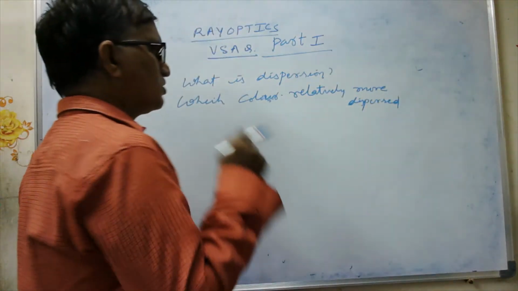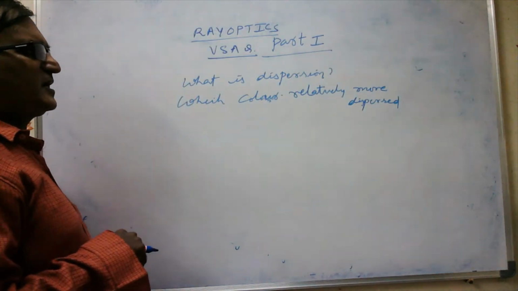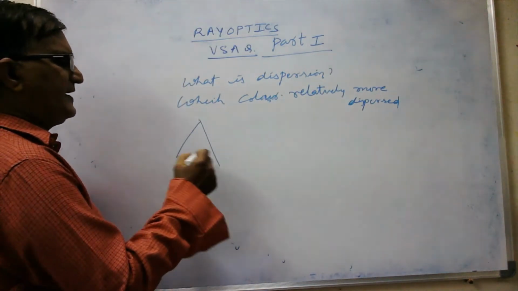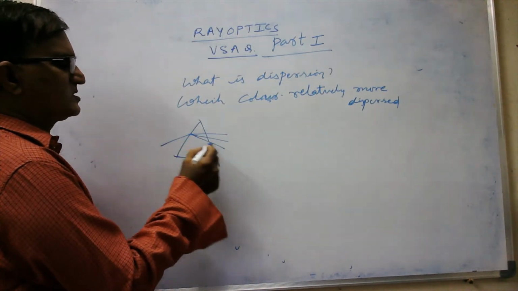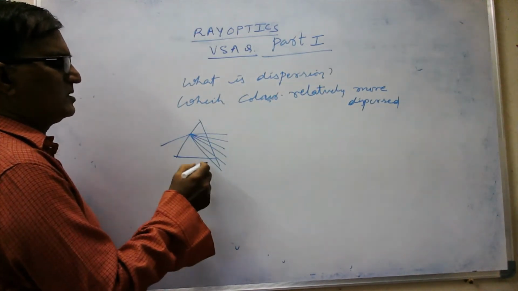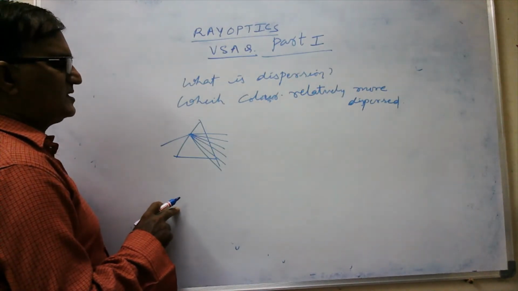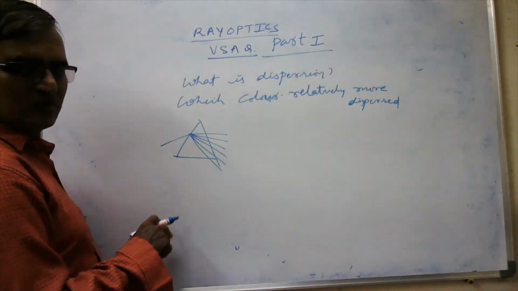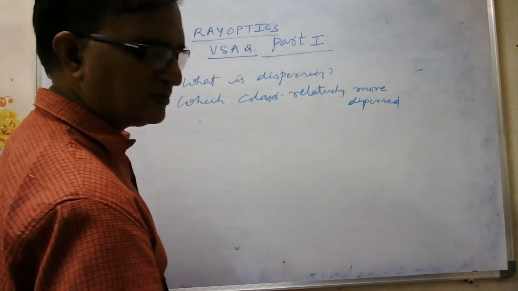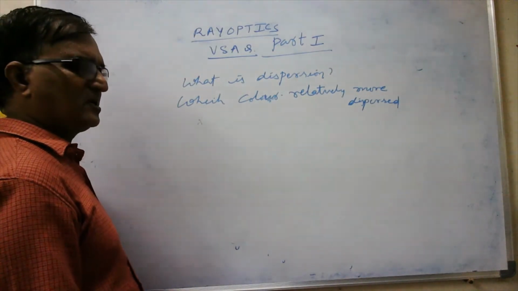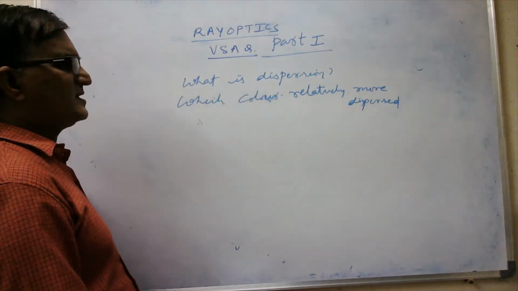So when a beam of light is allowed to be incident on a prism, the light ray splits up into 7 colors. 7 constant colors. That we call dispersion. When a light ray is allowed to be incident on a prism, the ray will split up into 7 colors. That is called dispersion.